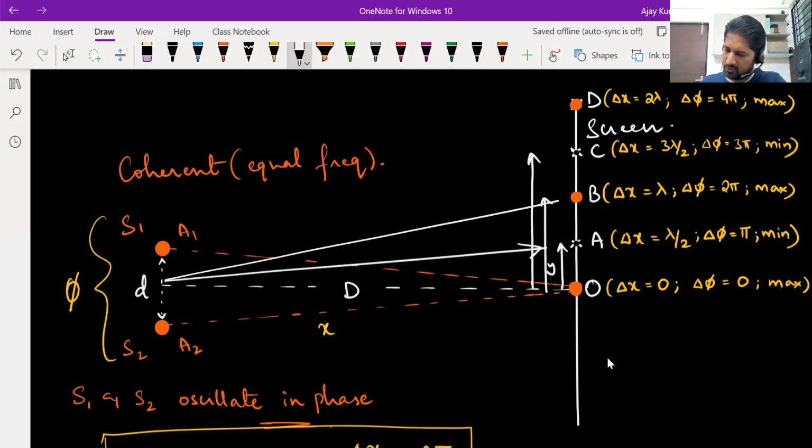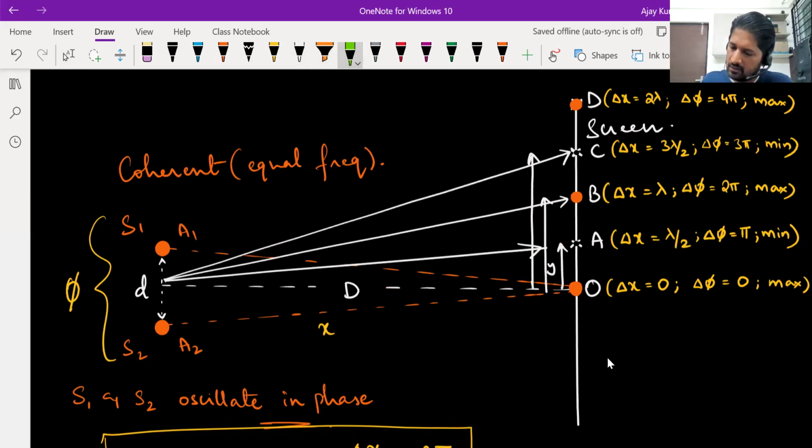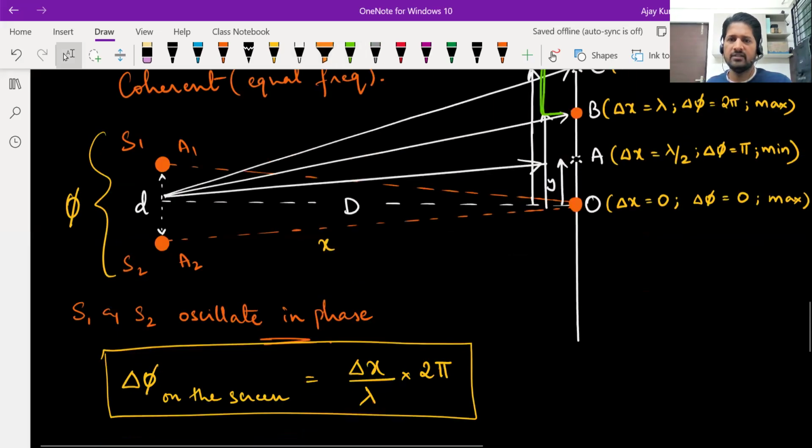So their linear positions and angular positions you should be able to find out. That is one thing. And you should be able to tell what is the gap between two successive bright spots, or two successive dark spots. That is something we call fringe width.